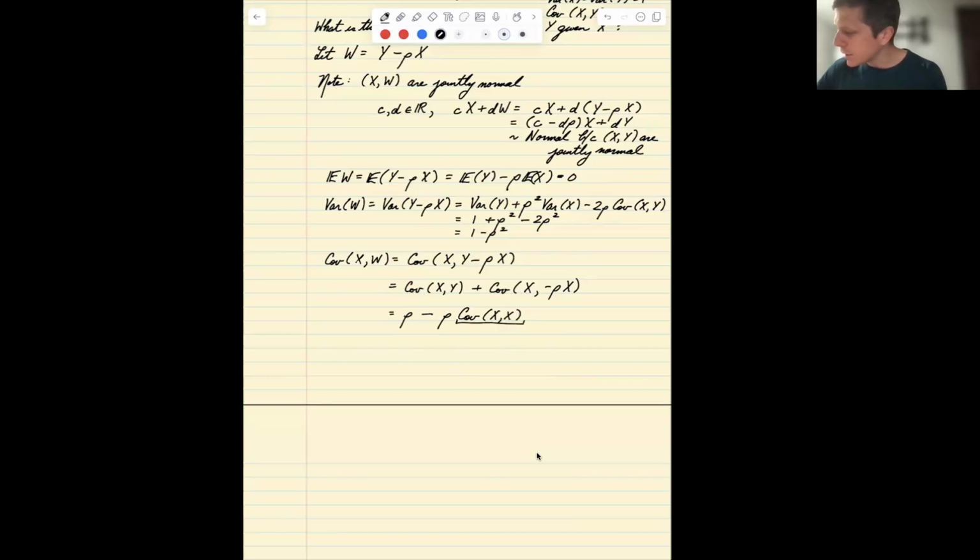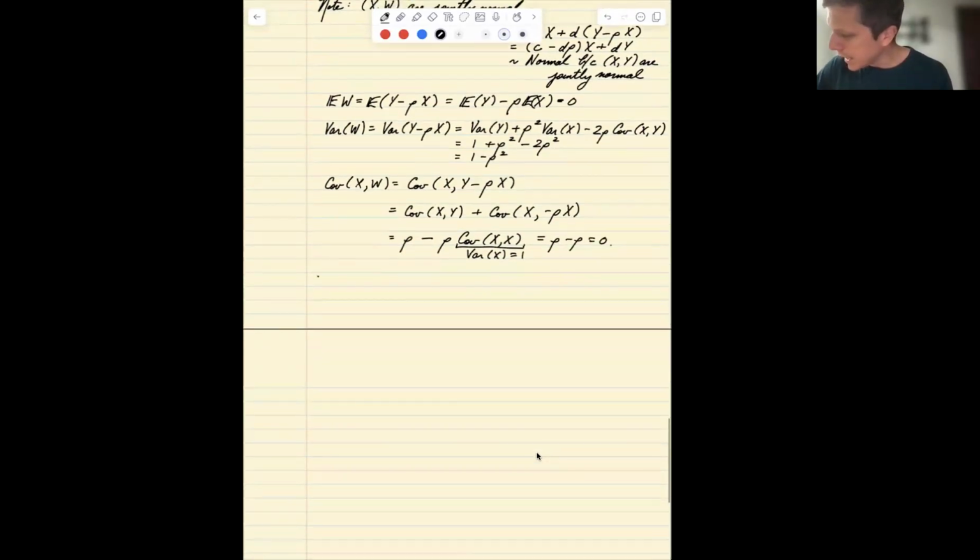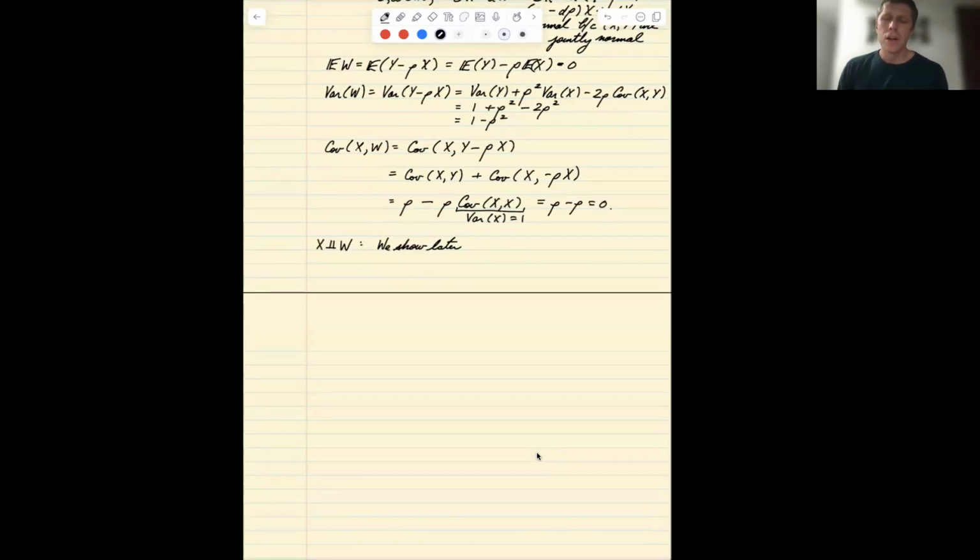Remember, the covariance of X with itself is the variance of X, which we've assumed is 1. So this is rho minus rho, which equals 0. So this tells us that X is independent of W. We will show this later. If normally distributed random variables are uncorrelated, or have 0 covariance, that means they're independent. That's not true in general for all random variables, of course. Uncorrelated does not mean independent, but it does for jointly normal random variables.